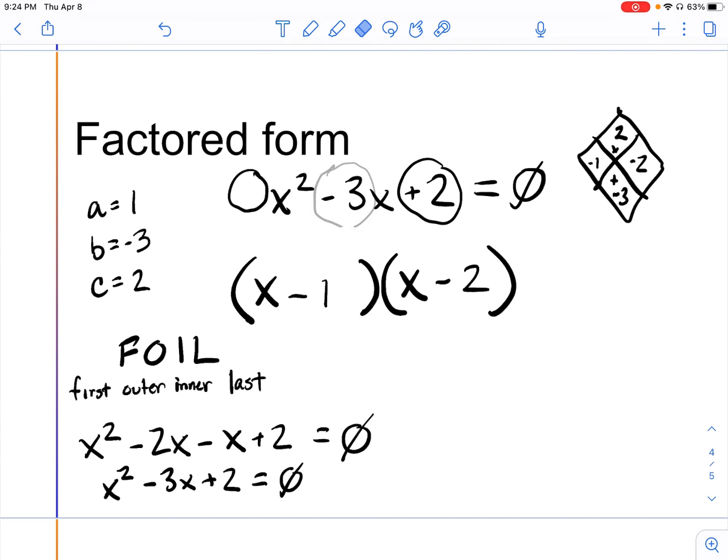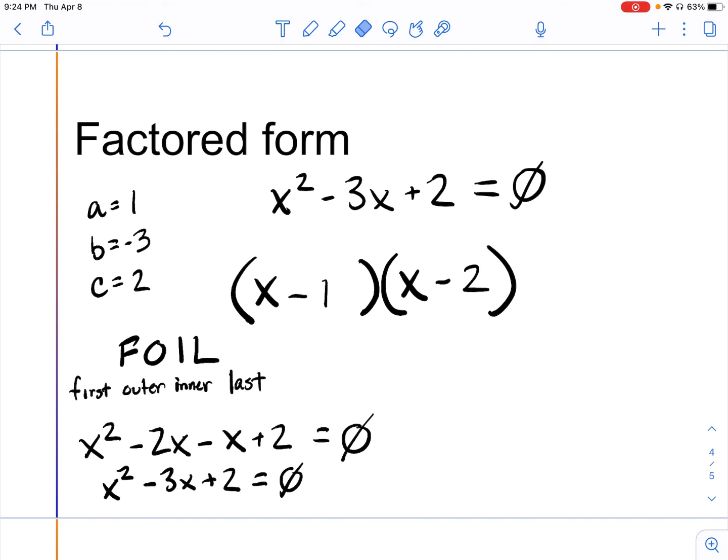But these factored forms are kind of fun because once you factor it, there's no huge deal of plugging things into your calculator. For anything to multiply and be 0, it has to multiply by 0. The only way you can take a number and make it equal to 0 through multiplication is to multiply it by 0. So the solution to this equation is either when x minus 1 equals 0 or when x minus 2 equals 0.